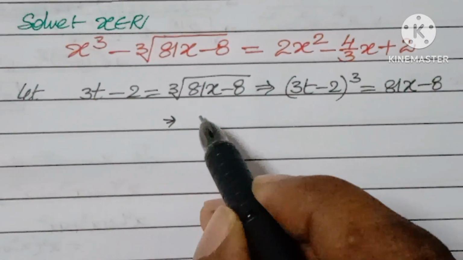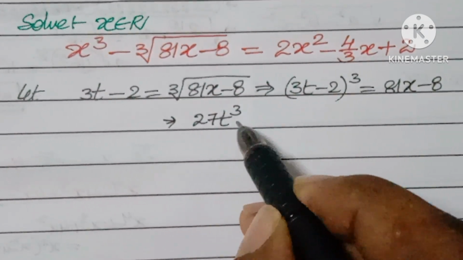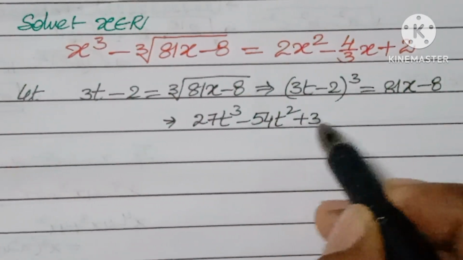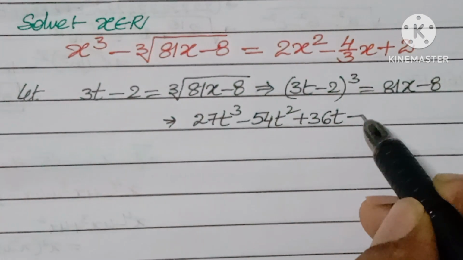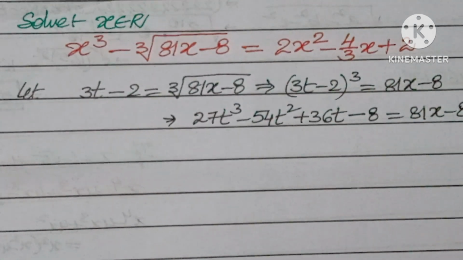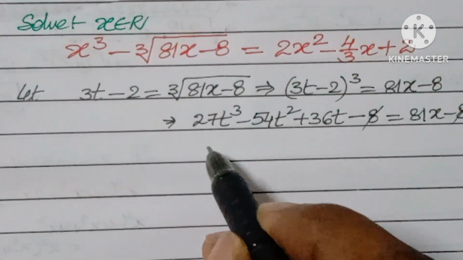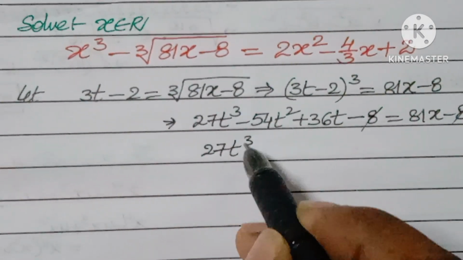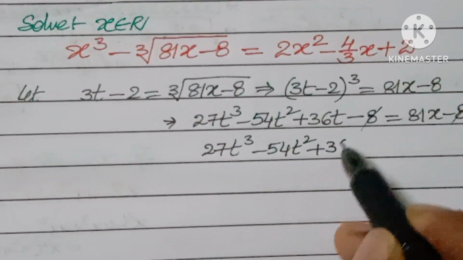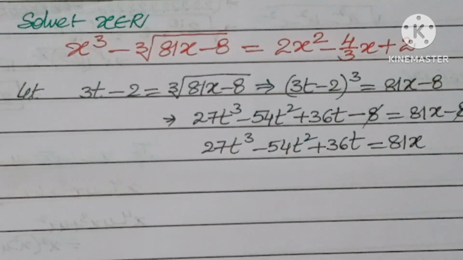So 3t minus 2 whole cube is 27t cube minus 54t square plus 36t minus 8 is equal to 81x minus 8. So 81x minus 8 gets cancelled: 27t cube minus 54t square plus 36t is equal to 81x.